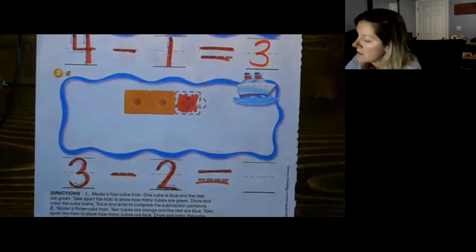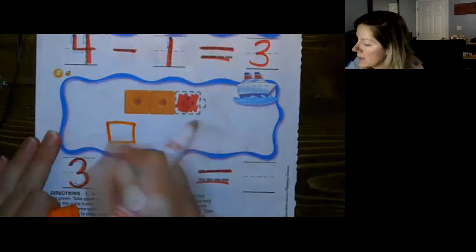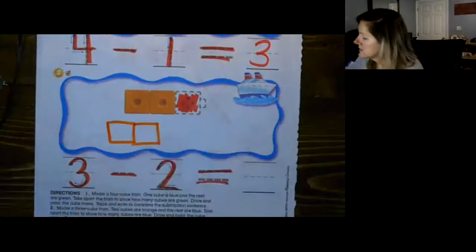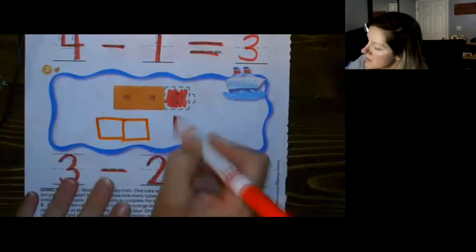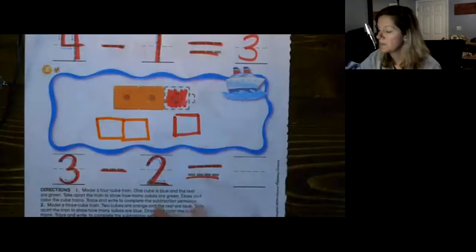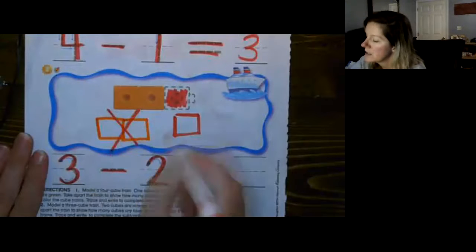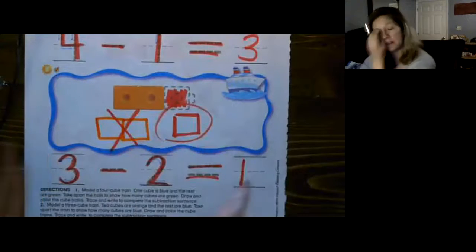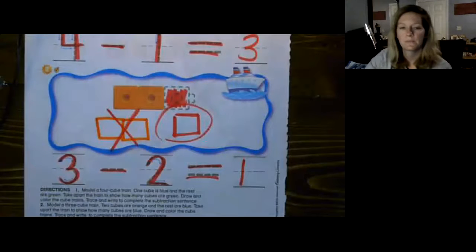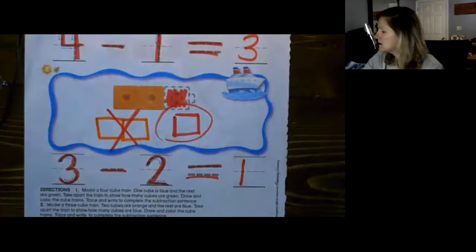Okay, so I'm going to pull them apart, just like so. How many are we taking away? 2. How many is left over? 1. Very good. All right, let's go ahead and open up to the inside.